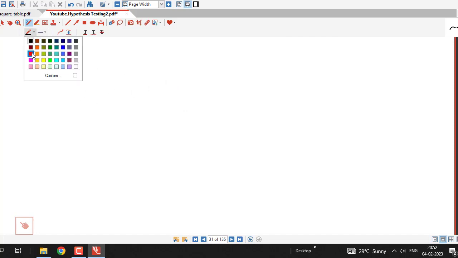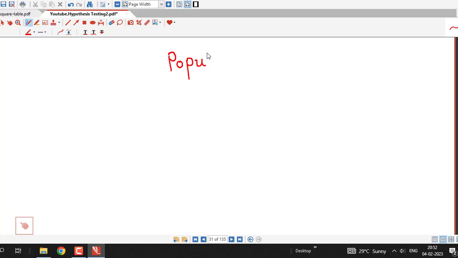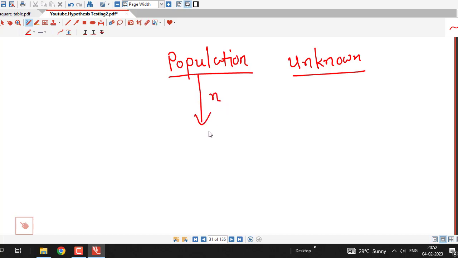Again, let us recall within a few minutes that we are given some population whose probability distribution is unknown. We don't know which probability distribution is followed by the given population. So to check that, we take a random sample of size n from that population.